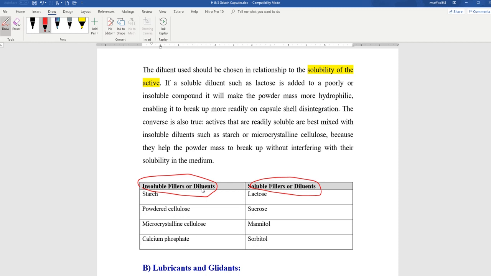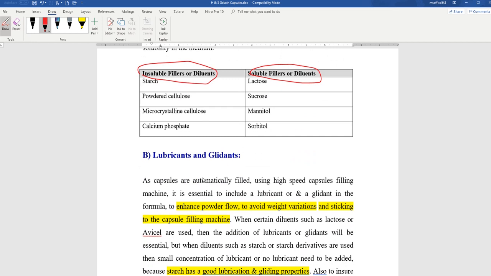The excipient or diluent molecule also wants water molecules to surround it, so there is competition. That's why, as we said, it's better to use insoluble filler with soluble drug and soluble filler with insoluble drug. Now the second category is the use of lubricants and glidants.